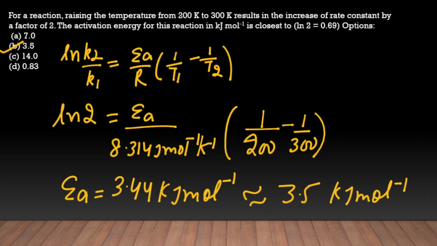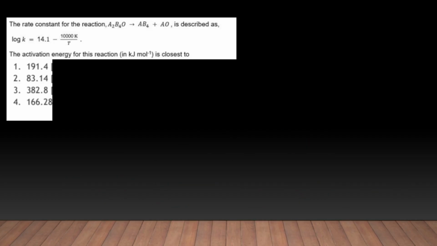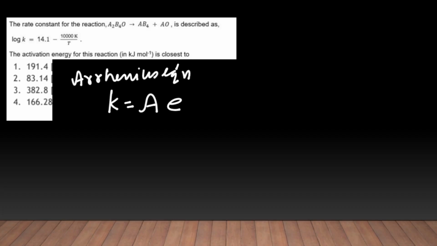Now the next question we have is this one. The question says the rate constant of a reaction is described by this expression. The activation energy of the reaction is closest to? So this is log of k. We have the Arrhenius equation: the rate constant k is equal to A into e raised to the power of minus Ea by RT.